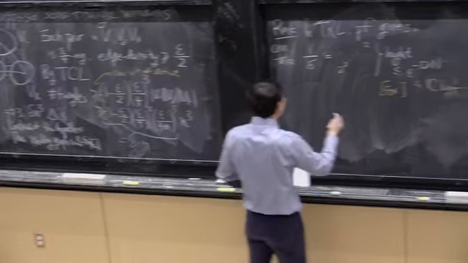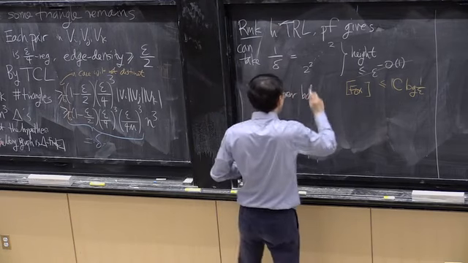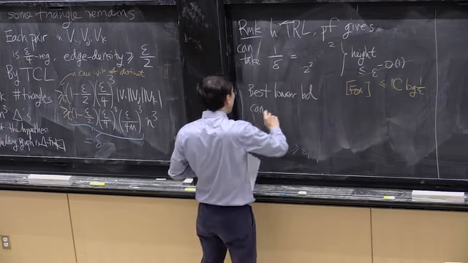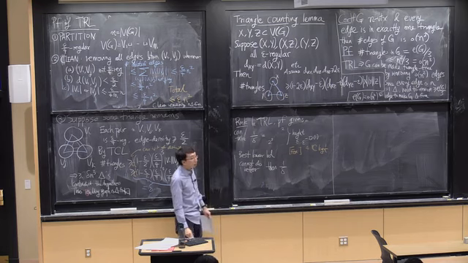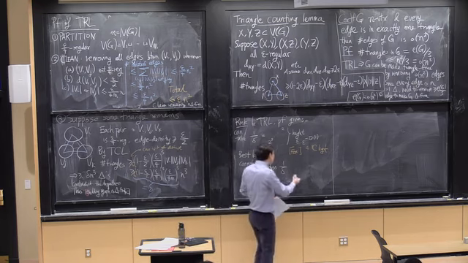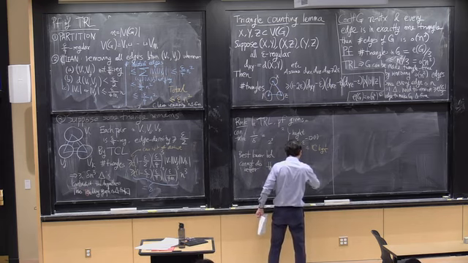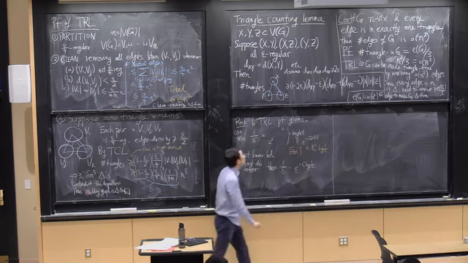The best lower bound, which we'll see either later today or next time, shows that we cannot do better than 1 over delta being essentially just a little bit more than polynomial in 1 over epsilon, so epsilon raised to something that is logarithmic in 1 over epsilon.